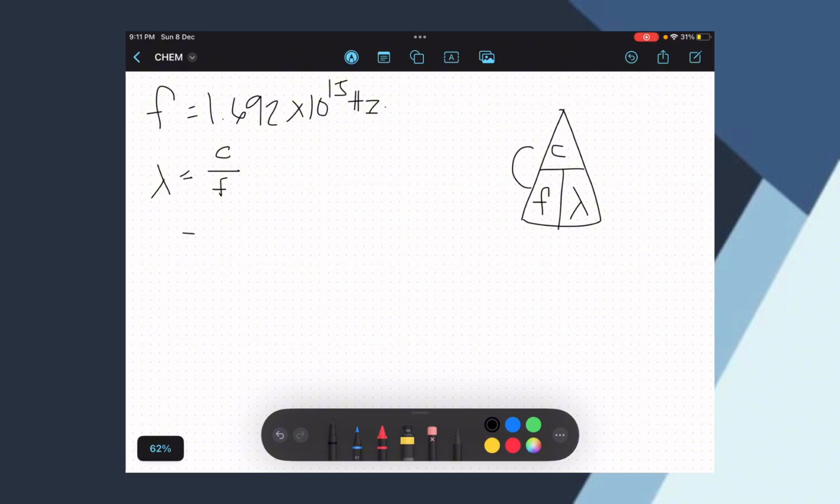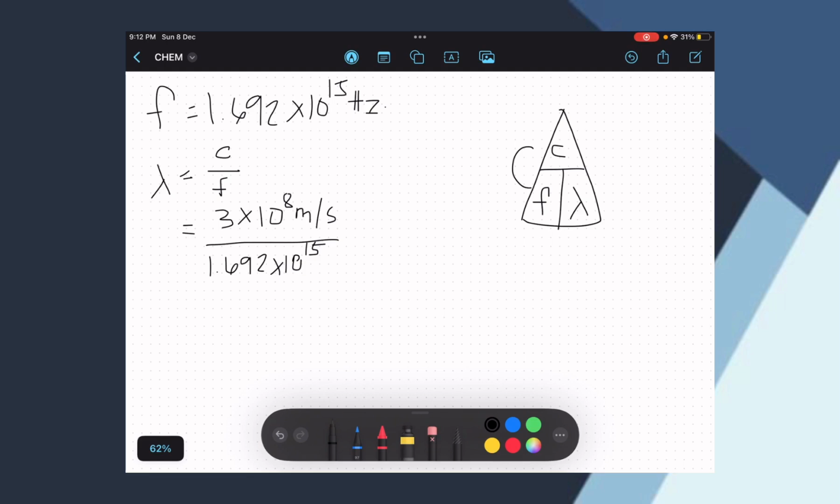If we substitute, this will become 3 times 10 to the power of 8 meters per second over the frequency, 1.692 times 10 to the power of 15 hertz.